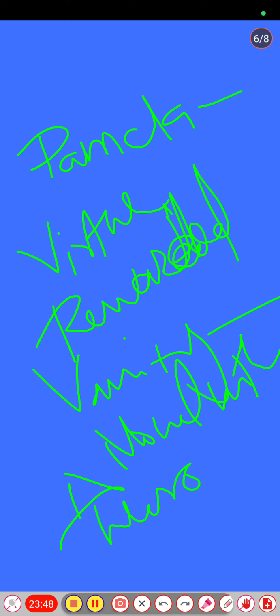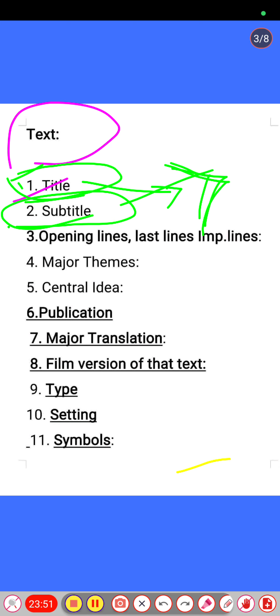Now why subtitles are important, that I can say, subtitles are important one because it represents something, okay. Just like Tess of the D'Urbervilles, okay. Now it has a subtitle, A Pure Woman. Now during this whole novel, the heroine Tess we have, she is showing that purity, okay.